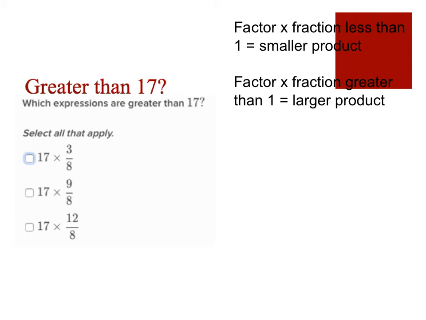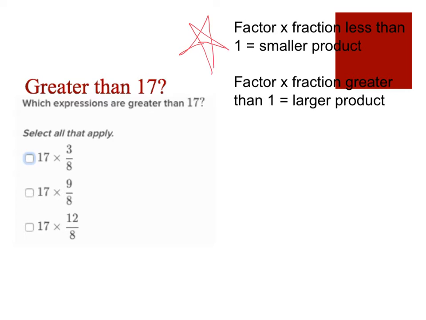Yesterday we learned two rules about scaling fractions and comparing them. I've shortened those two rules up here. You should have them in your notebook already. Those two rules said that a factor times a fraction less than 1 will give you a smaller product. A factor times a fraction greater than 1 will give you a larger product.